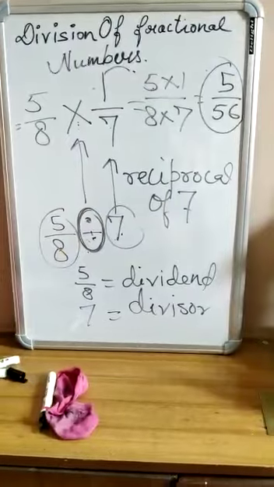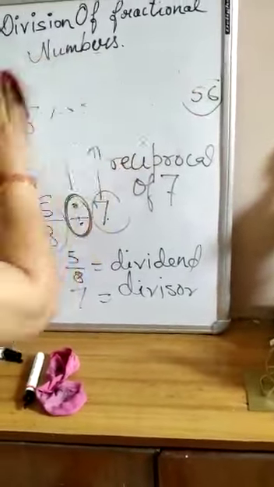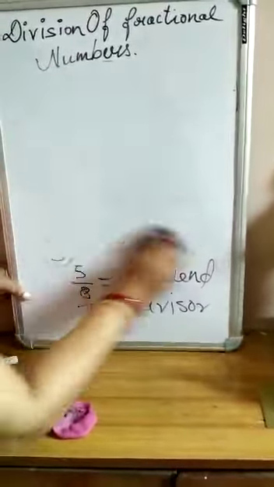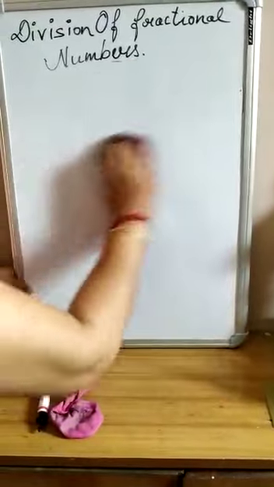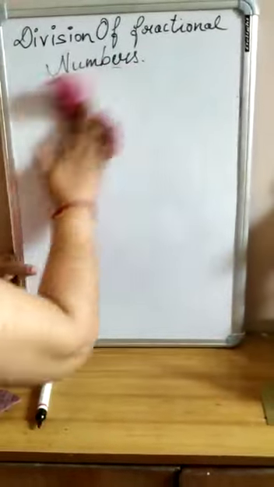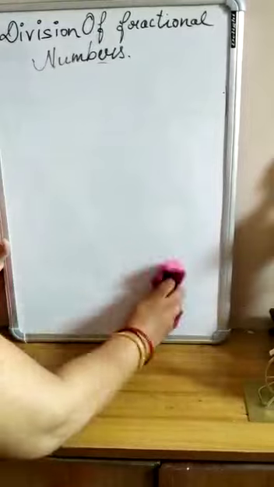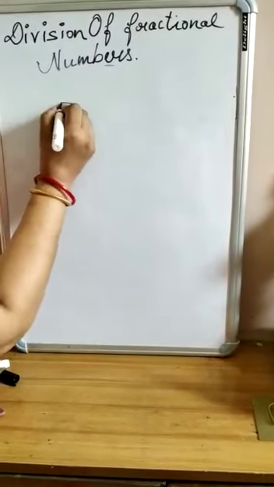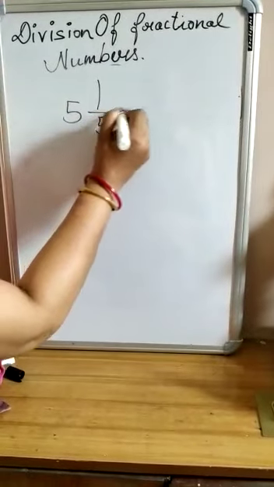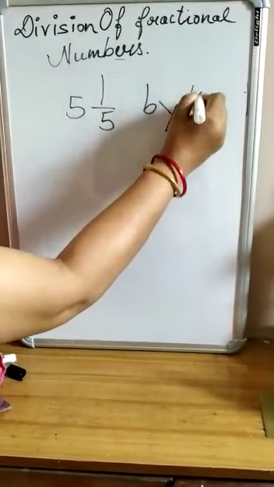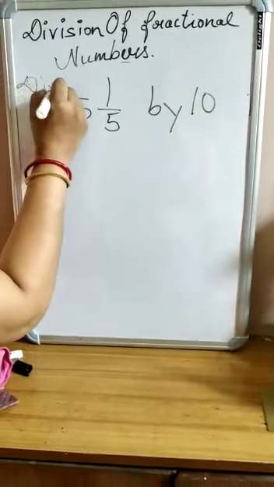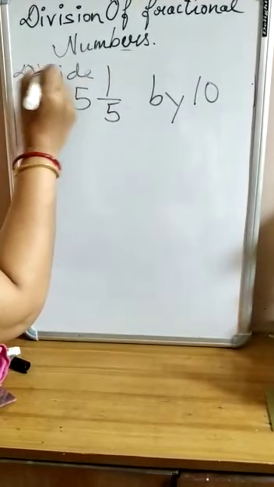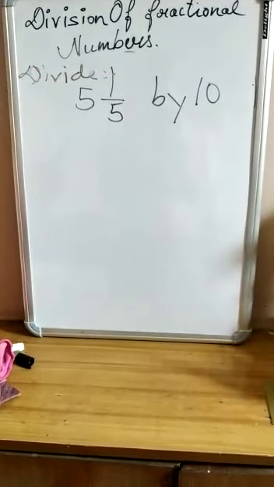Now let us take another example so that it will be easy for you to understand. The example is 5 1 by 5 divided by 10. Correct? Divide 5 1 by 5 by 10. So here what we will do?